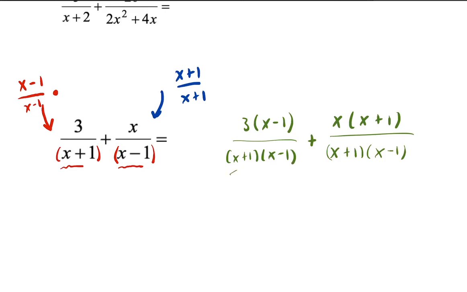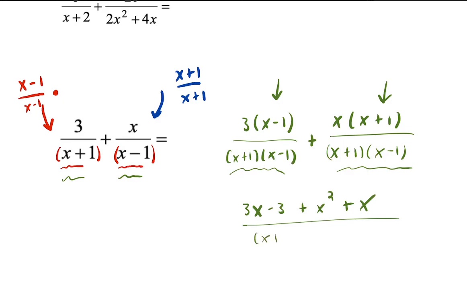So notice they each now have the same denominator. The left had to get multiplied by what it was missing. The right had to get multiplied by what it was missing. So we do this out. We have 3x minus 3 plus x squared plus x all over x plus 1 times x minus 1.